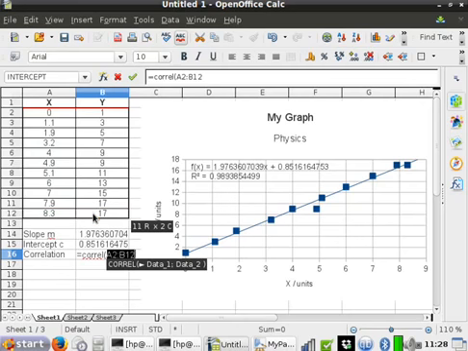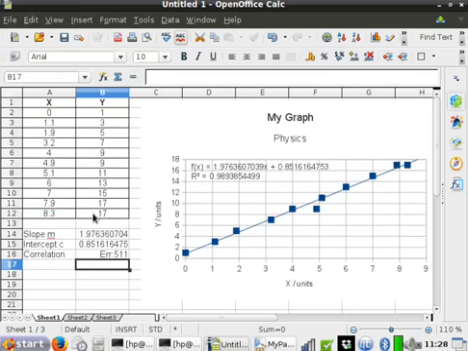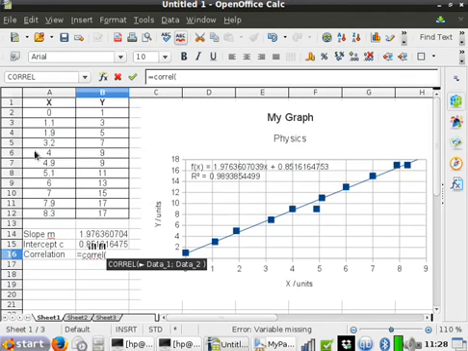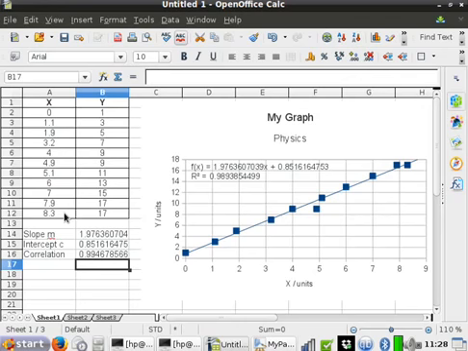No, I have to do it the same way. Okay. Correl, bracket, y, semicolon, x, bracket. There we go. Same number, isn't it? Oh no, it's not quite the same. Oh yeah, sorry, I know why. This is the correlation, r, not r squared.